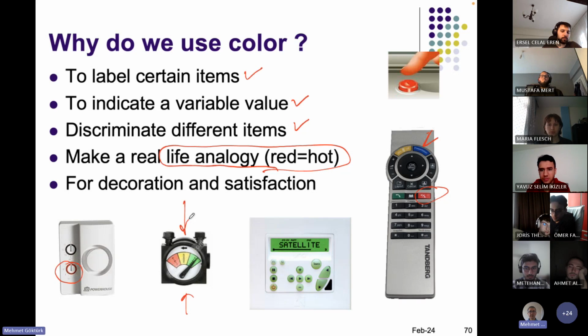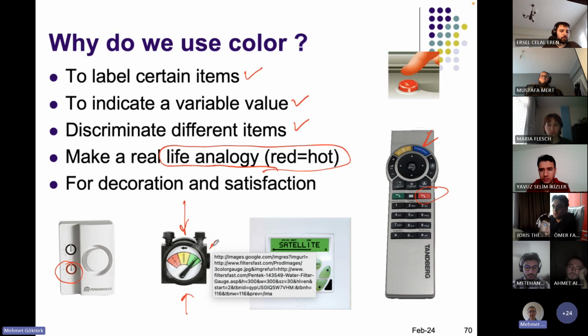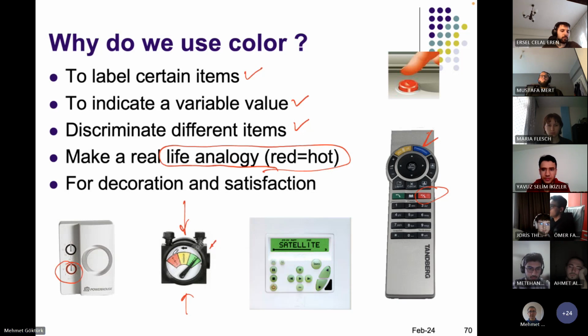For example, here, green is high value and it is good, like a full. But sometimes having something small is good. In that case, this part will be green and this part will be red. So it will be the opposite. You will decide based on the parameters.